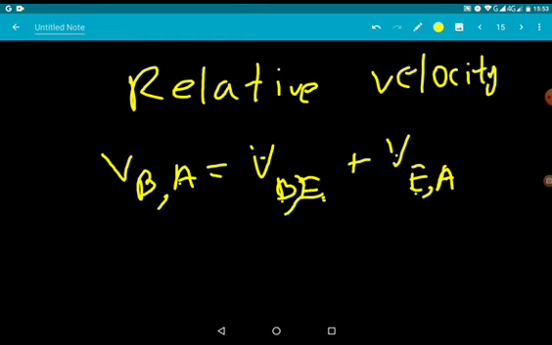It's the only thing you want to do. These are vectors. Remember vectors.